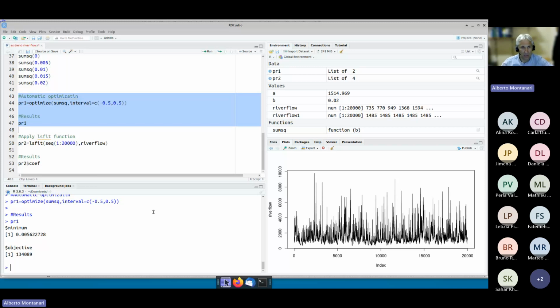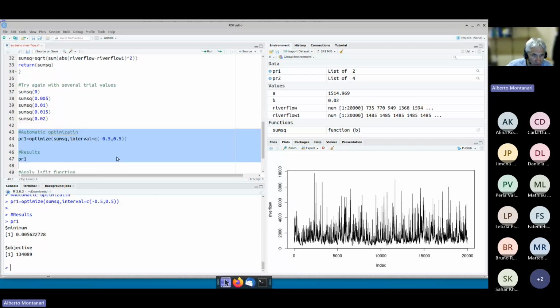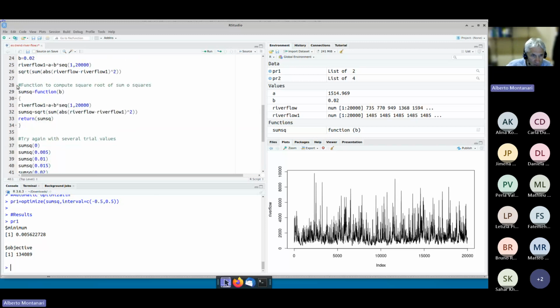Now let's change the objective function. Okay, so the objective function is here. If we want to repeat the estimation with a different objective function, we can here remove the square root, and then you only get the sum of the absolute errors.